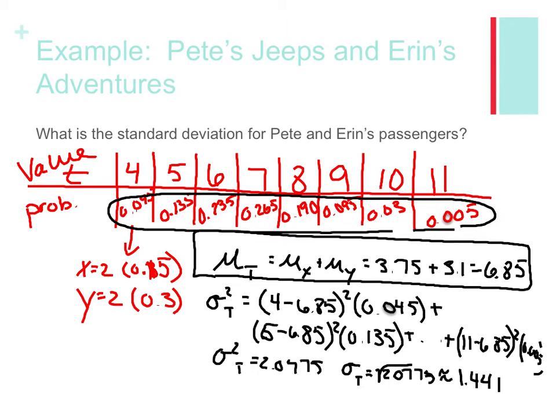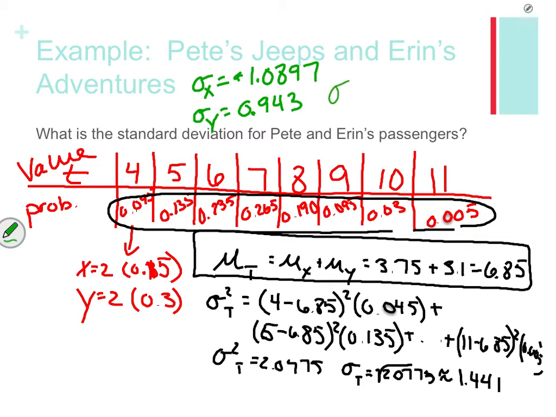Okay, so if you don't remember it or have it written down, the standard deviation for x on two slides ago was 1.0897. The standard deviation of y was 0.943.